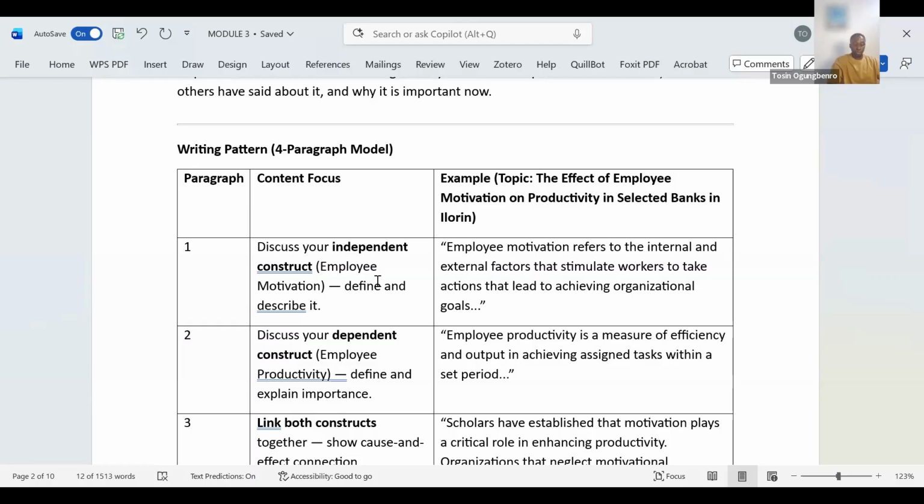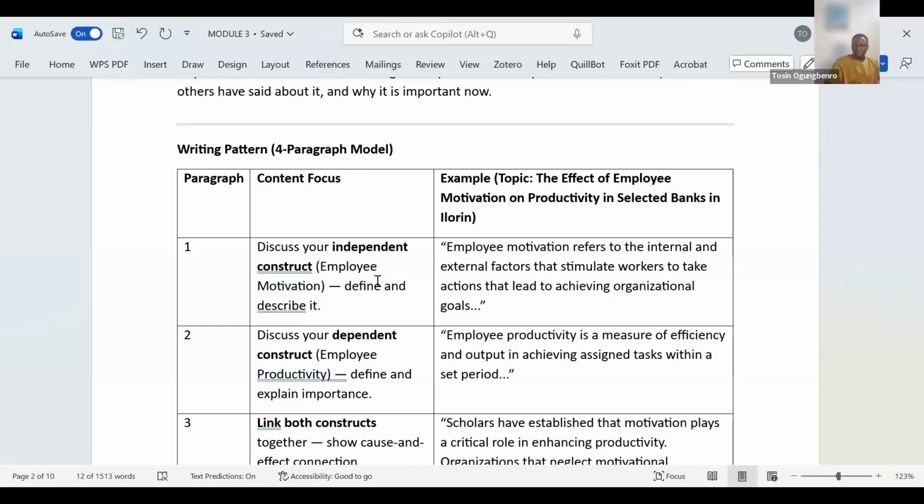Your background study will touch on all your constructs, and then it will end with a little bit of significance and a touch of gap. Your background study is all encompassing.